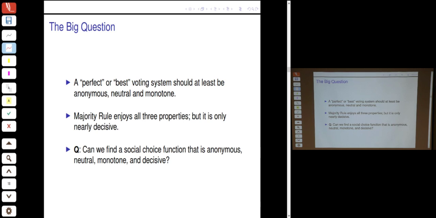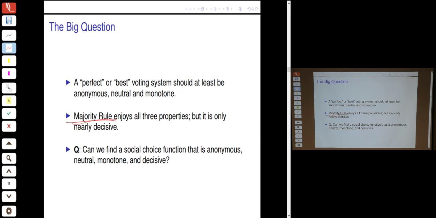We already discussed that majority rule is an example satisfying all these three properties. The fourth property is decisiveness, and we saw that majority rule was nearly decisive, but it might not be fully decisive in some cases. So majority rule satisfies the first three properties, and the fourth nearly but not fully.